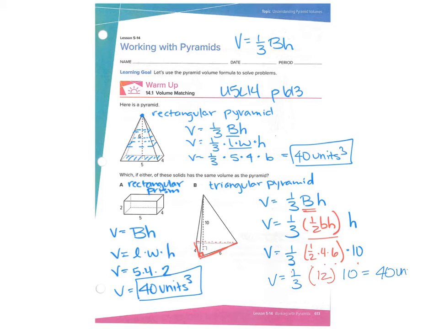That's without using my calculator, just breaking it down and doing the parts in my head. But you can work that out in different ways. It's multiplication. Multiplication is commutative. You can multiply those 5 numbers in any way you want, but note there's no distribution property here. That's not what's going on. It's all multiplication. So on this first page, all 3 of these items have a volume of 40 units cubed.